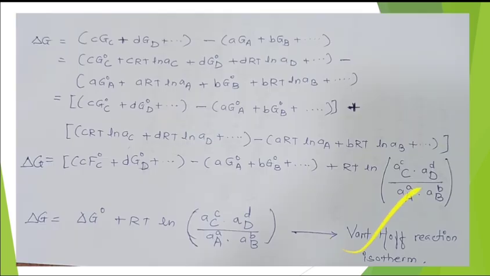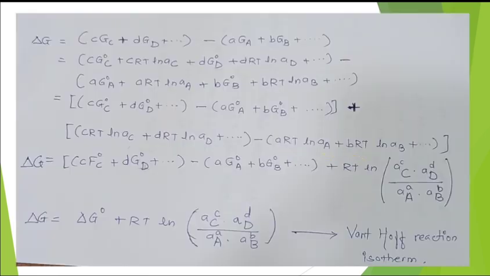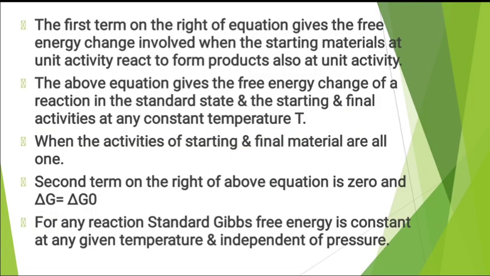This equation gives the free energy change of a reaction in the standard state and at the starting and final activities at any constant temperature T. When the activities of starting and final materials are all 1, then the second term on the right of the above equation is 0, that is, it becomes delta G is equal to delta G standard. This term will become 0 when activity is unit activity.